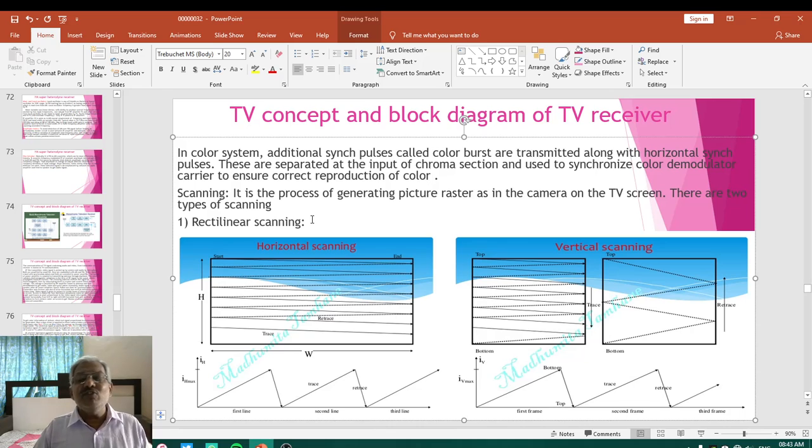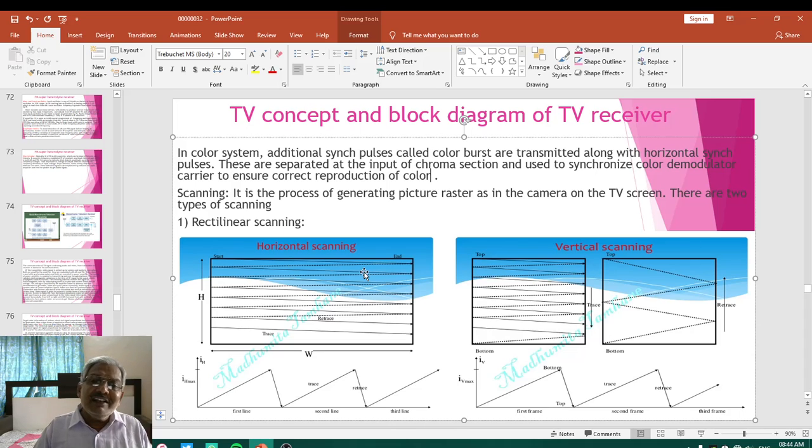Now, rectilinear scanning. Rectilinear scanning is used to scan the electron beam in a rectangular manner so as to generate a rectangular screen associated with the picture information.